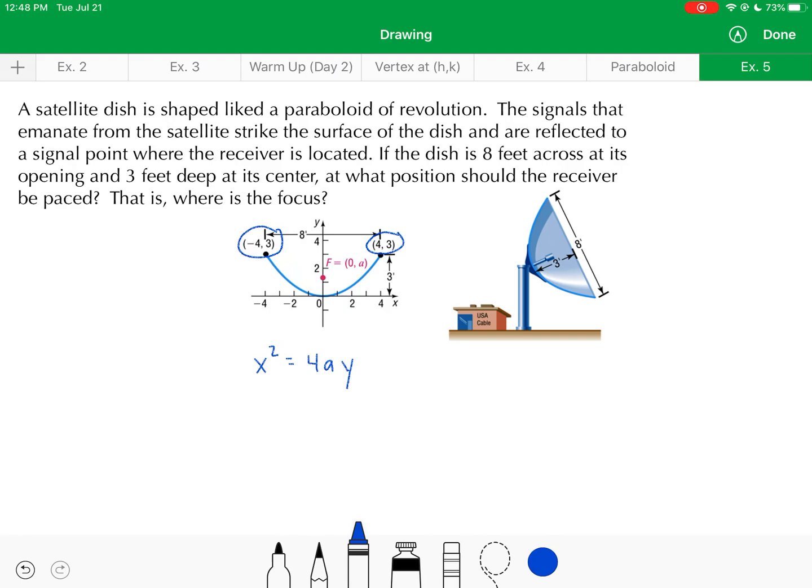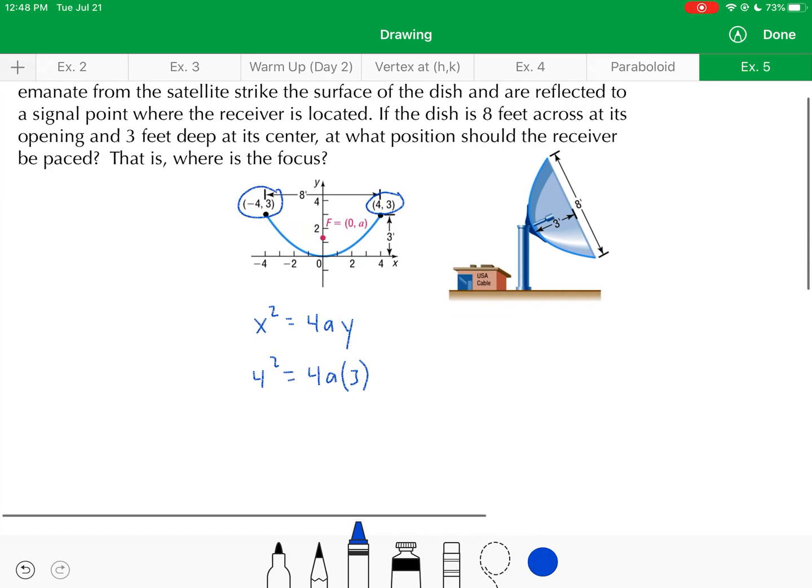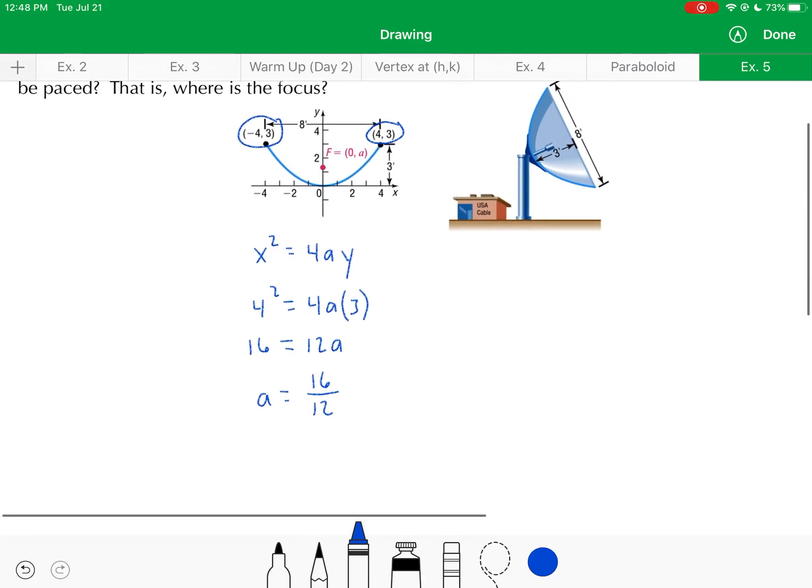Pick one of those 2 points, plug their coordinates in for x and y. So I'm just going to use positive 4 for x and then positive 3 for y. Now I solve for a. So 16 is going to equal 12a. a is going to equal 16 twelfths, which is going to reduce to 4 thirds. All right.